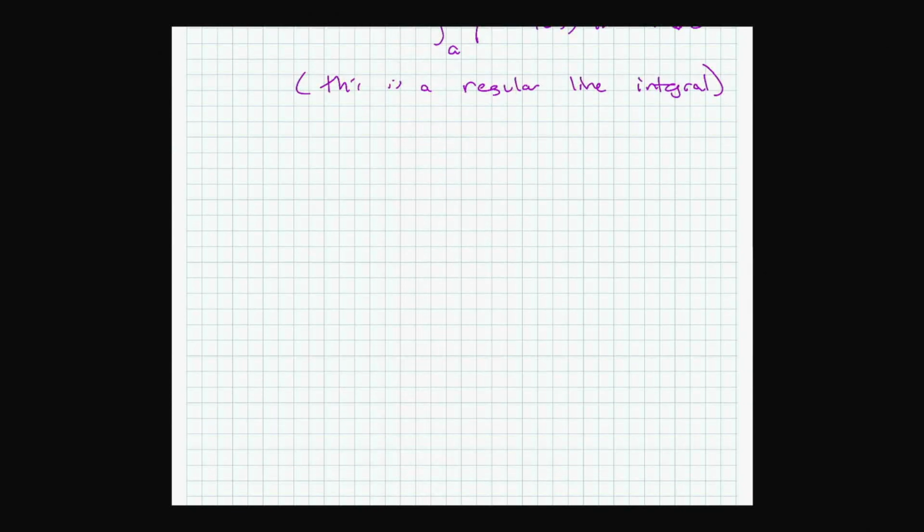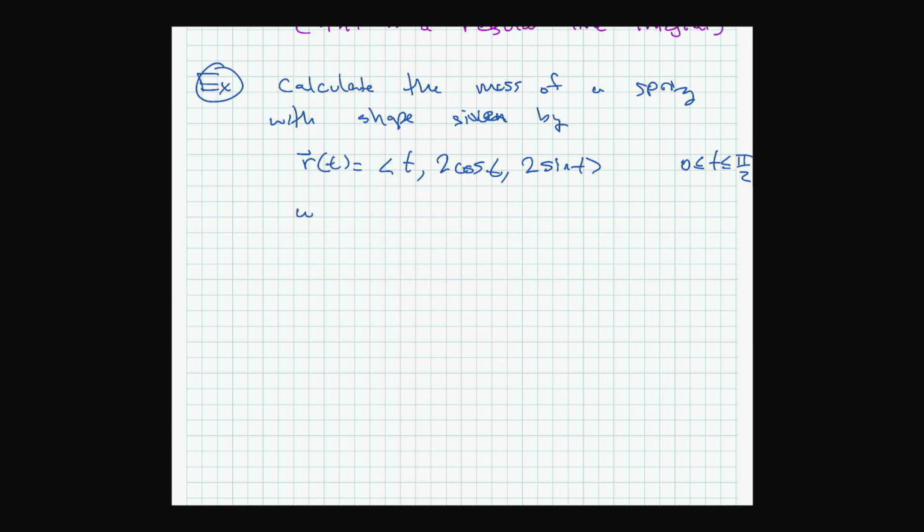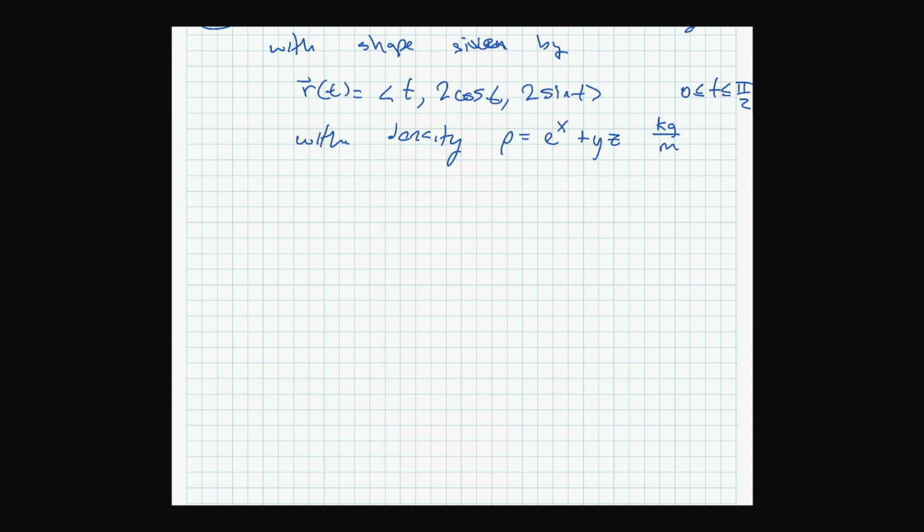Calculate the mass of a spring with a shape given by r of t equals t, 2 cos t, 2 sine t for 0 less than t less than pi over 2, with density rho equals, and I'm not going to write xyz, e to the x plus yz, and that is in kilograms per meter.